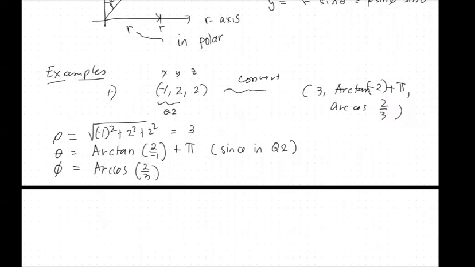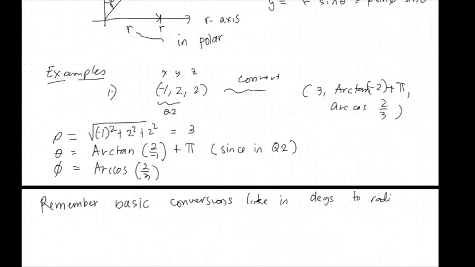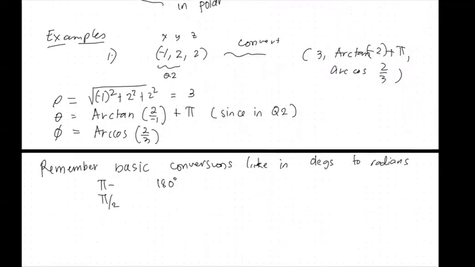Of course, remember the triangles. For example, what is 90 degrees? So remember basic conversions, like degrees to radians. Example, if pi is 180 degrees, pi over 2 is 90. What else? Pi over 3 is 60.